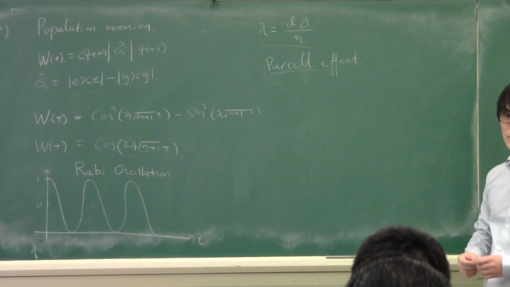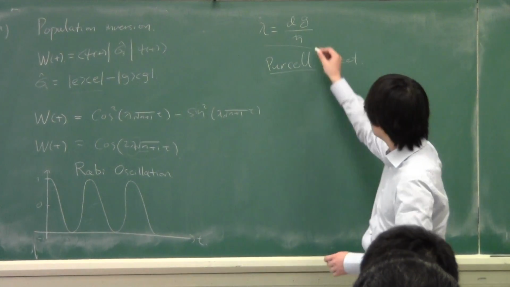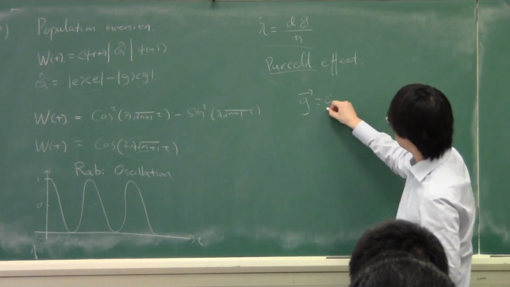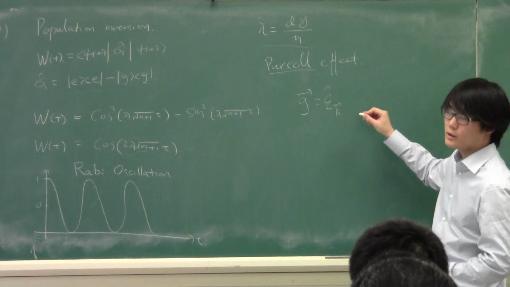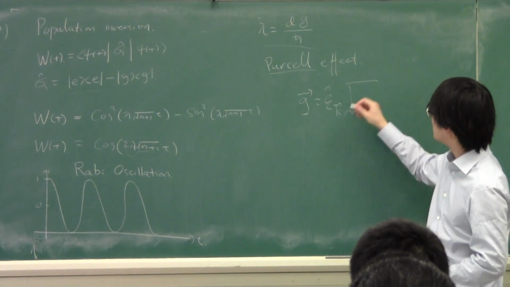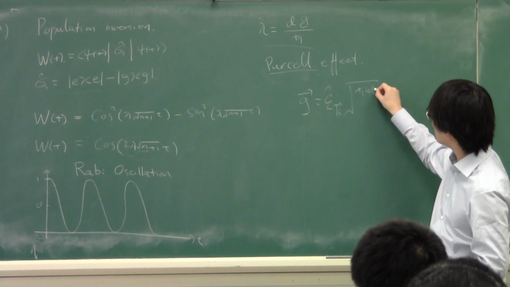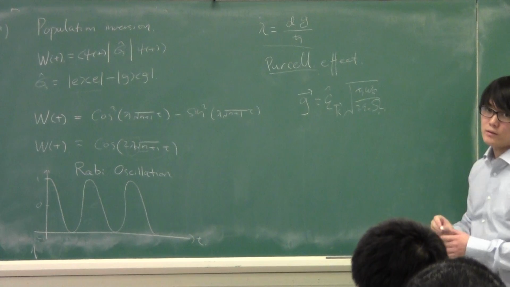But you guys can look this up. We would need to find the, because what is G? G was related to the polarization of the atom, right? And then it was related to this thing, which is h bar omega k divided by 2 epsilon times V. This is the quantization volume.